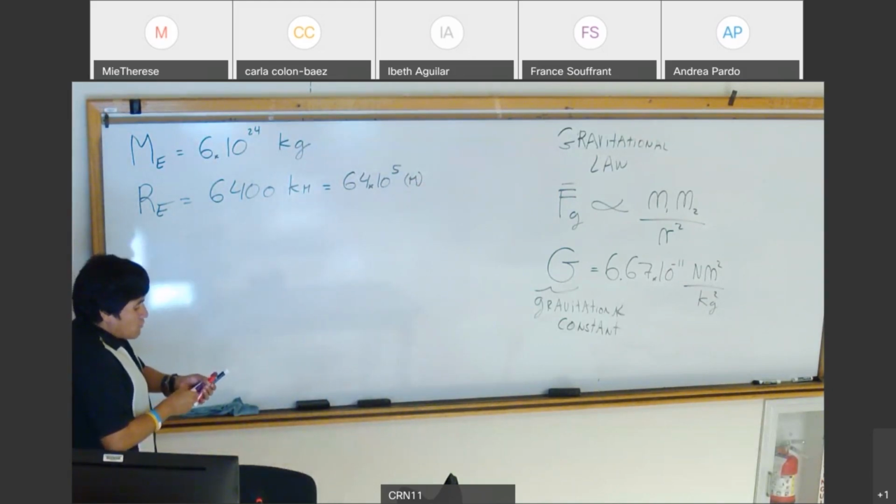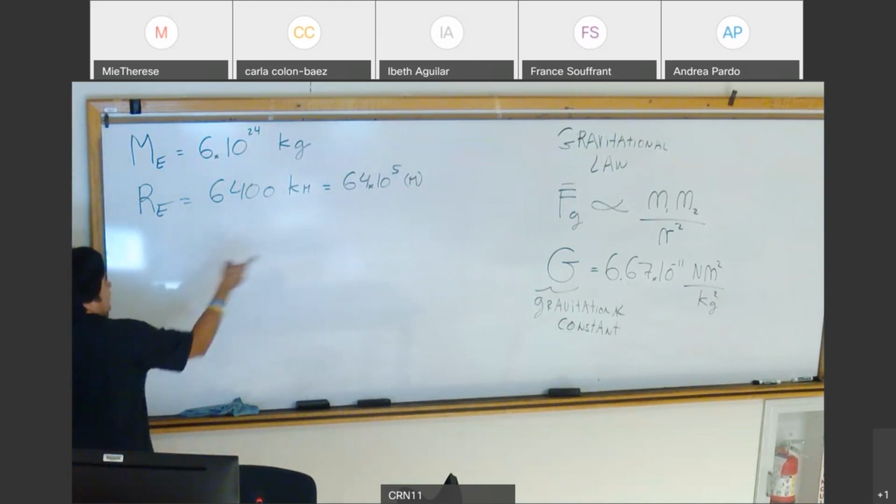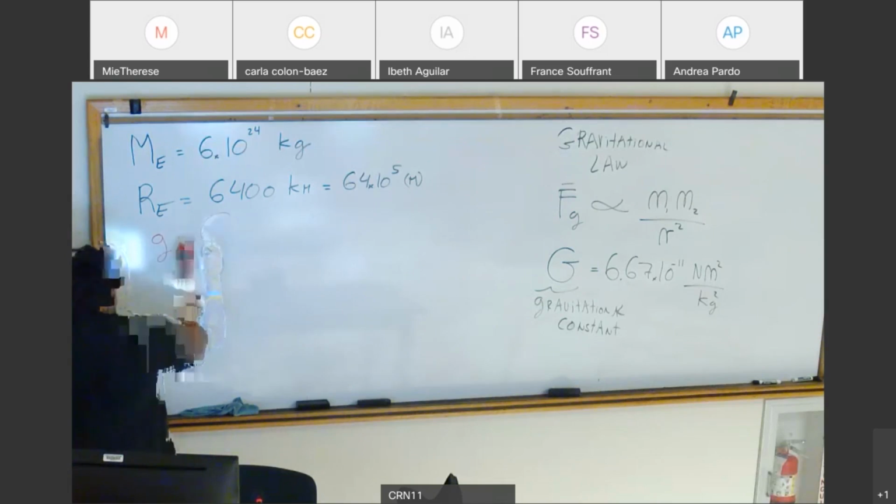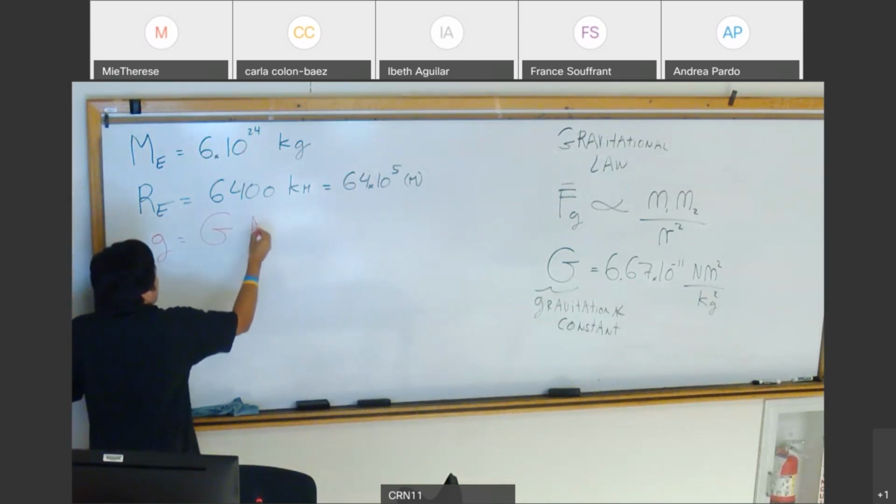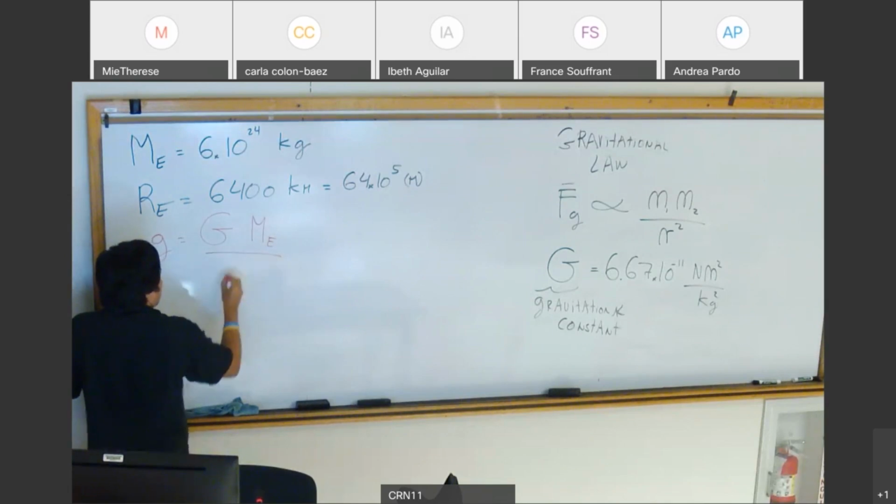Let's use the equation. Let's try to find gravity. Gravity is the gravitational constant, times the mass of the Earth, divided by the radius of the Earth squared.